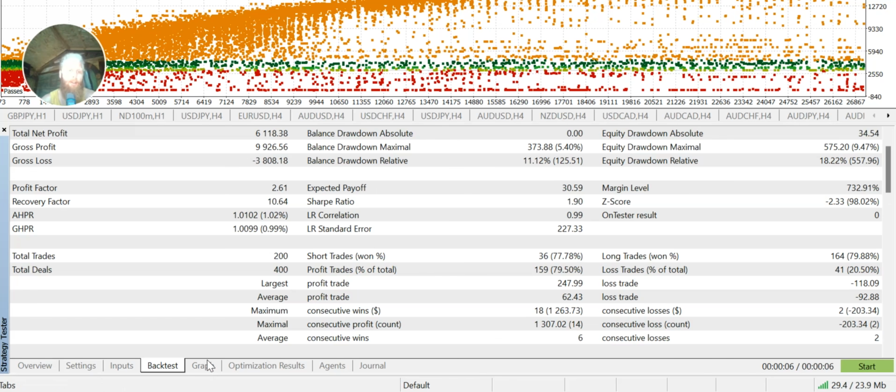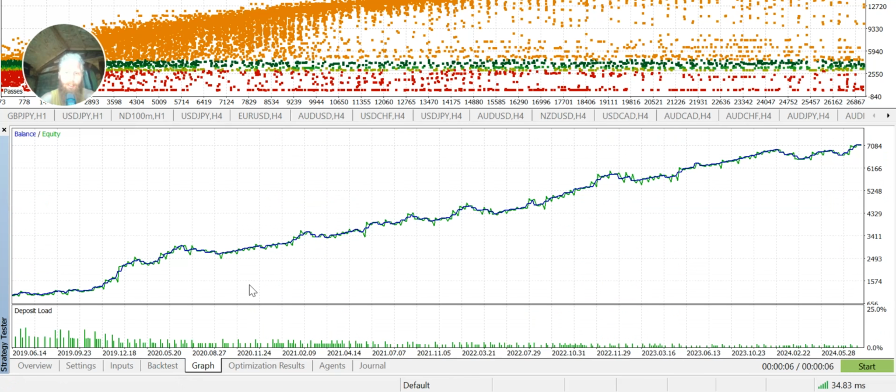It means that a couple of times we caught the 250 pips trades with our robot. Pretty good. This is how it is looking like. I think it's alright. It's quite good.